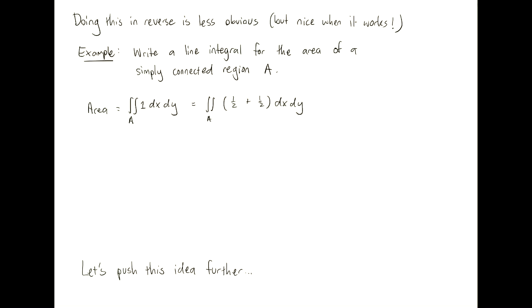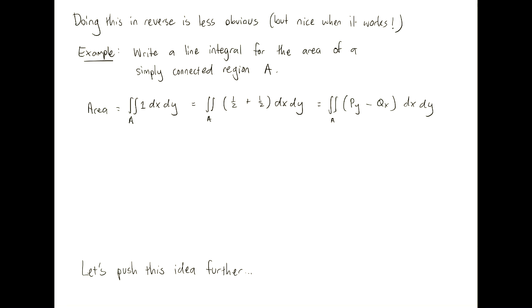Good. I'm seeing nodding. I'm glad that everybody agrees with this. And what I'm going to say is, wouldn't it be nice if this was in fact p_y minus q_x dx dy? That would be convenient.